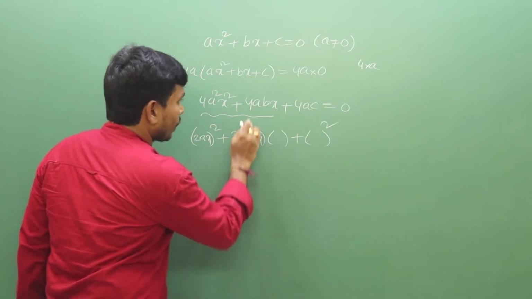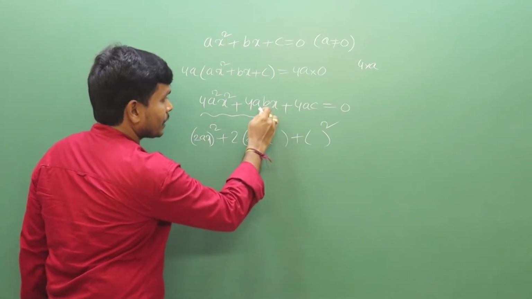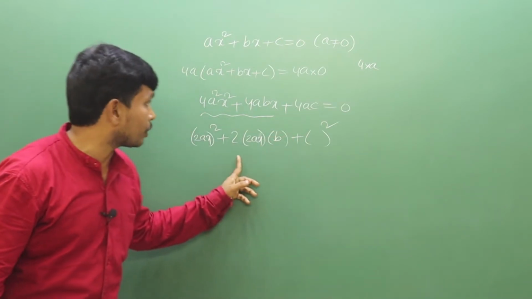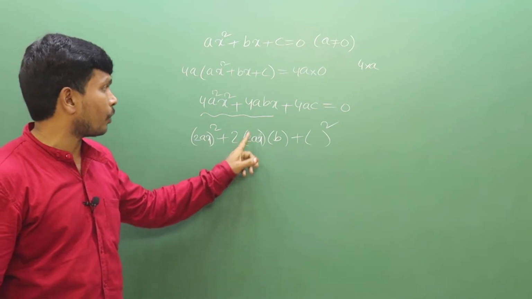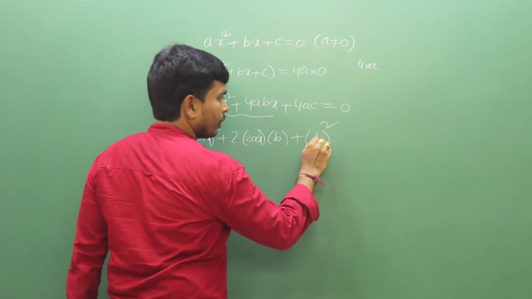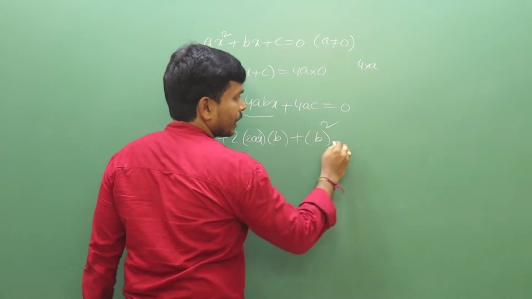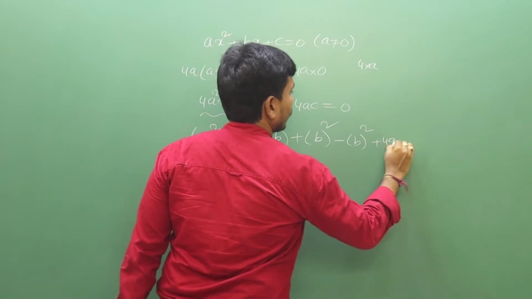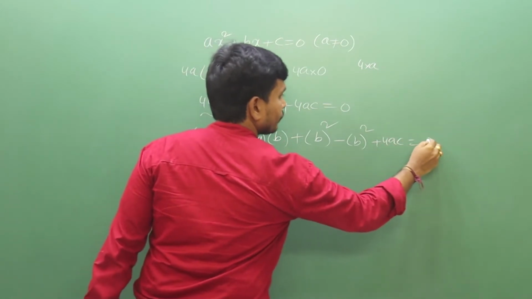Yes, 2 2s are 4 is there, a is there, x is there, then b is not there. So you multiply these three terms, definitely you will get it: 2 2s are 4, a, b, x. Now what is the value in place of b? b only. So b square is an extra term, no? Immediately you have to do minus b whole square plus 4ac equal to 0.